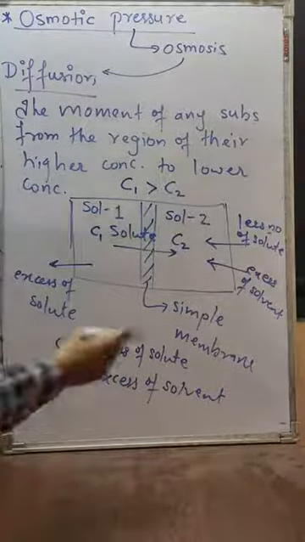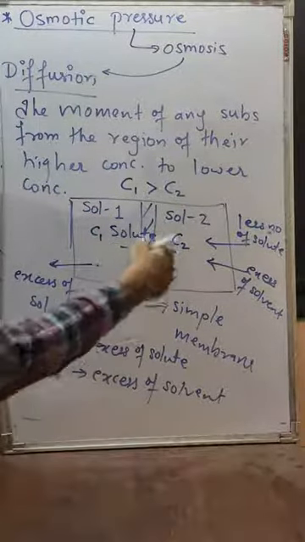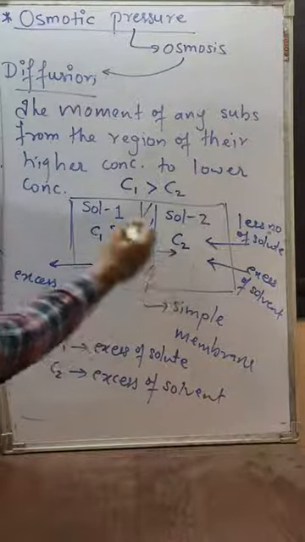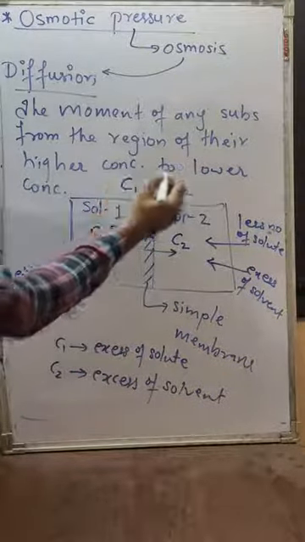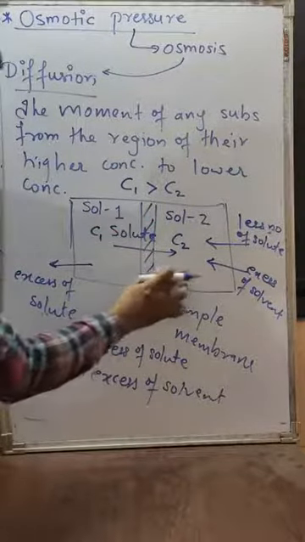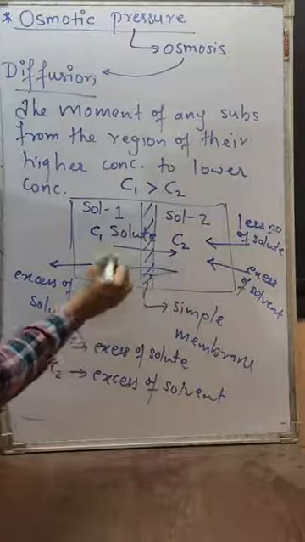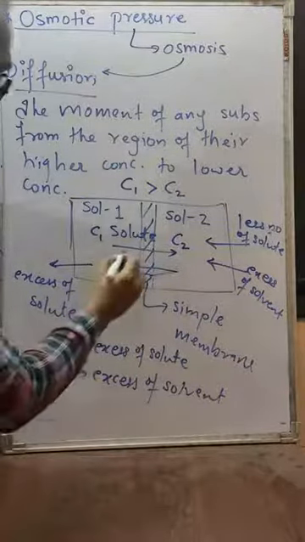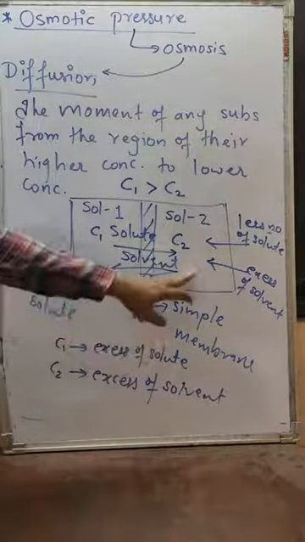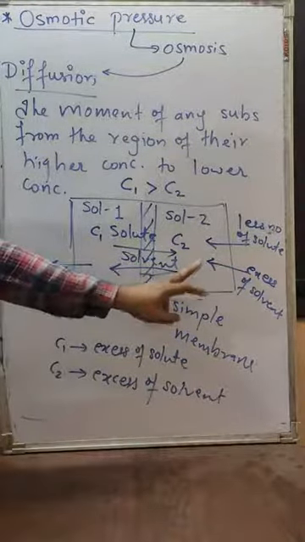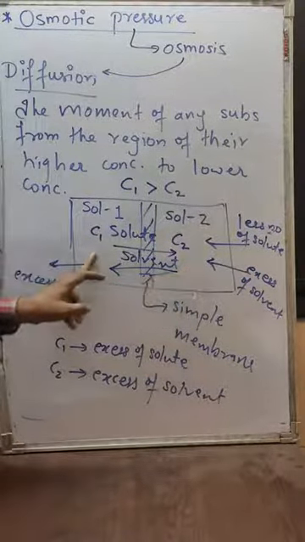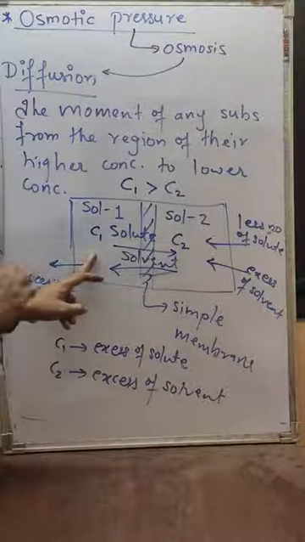Same here, if we talk about the solvent, it is in excess here, meaning the concentration is more, so from higher concentration to the lower concentration, solvent will move from C2 to C1, because concentration of solvent is high in C2 and concentration of solvent is less in C1.